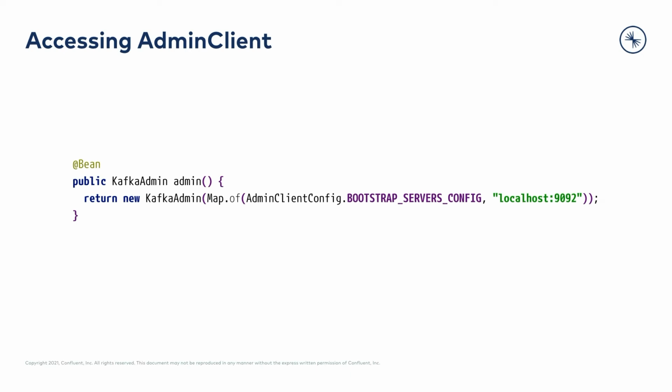So the KafkaAdmin, like I said, is a factory bean that you need to supply with some configuration. You need to provide configuration to connect to the broker. It can be information about the bootstrap server, or certain security configurations, and after that, the Kafka admin client will be created.